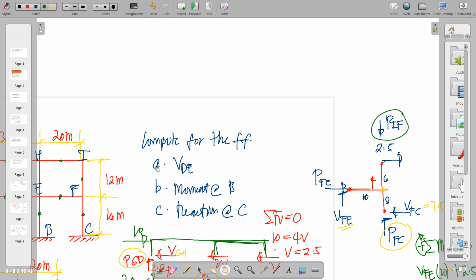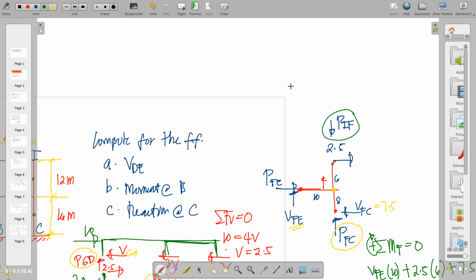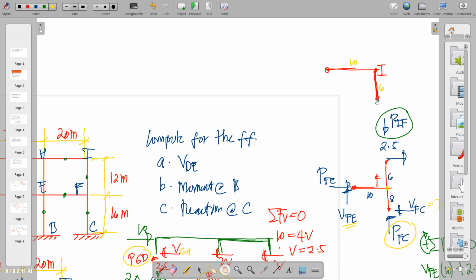We will use this portal I. Say this is I. Distances 6. This is 10. We have already known the shear here. Say I'm going to label this PIF.